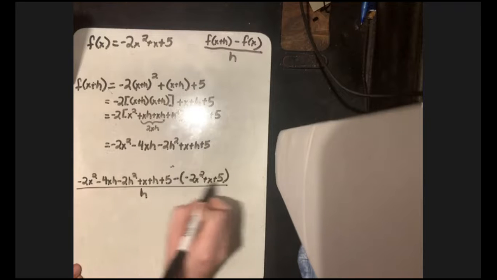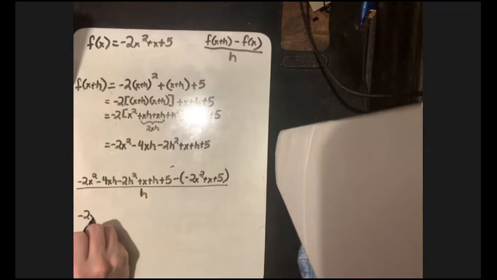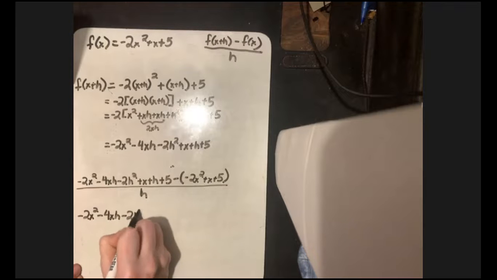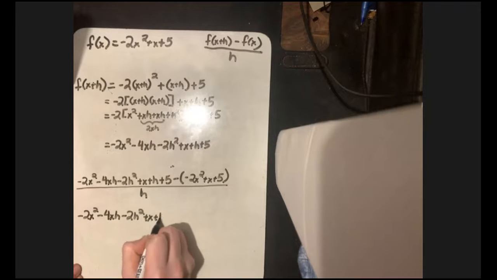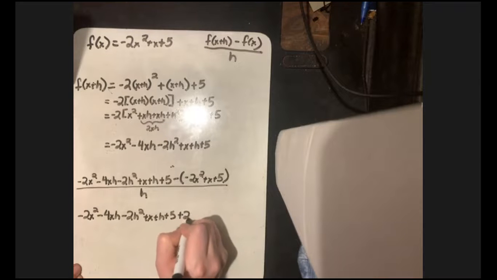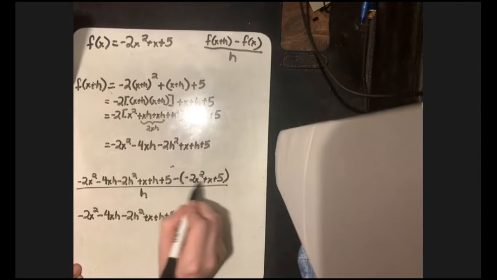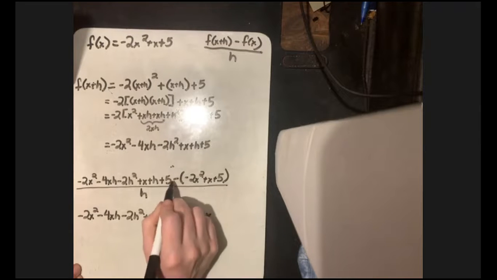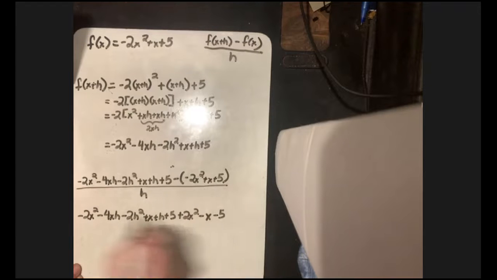So now I'm going to distribute here, and then we're going to start to see what we can play with. This subtract against that negative is going to be positive 2x squared. Negative times that is going to be minus x, and then negative times that is going to be minus 5, over h.